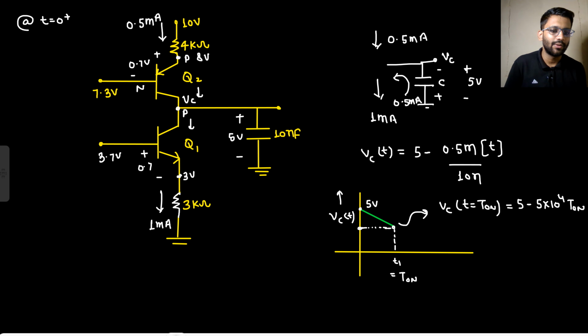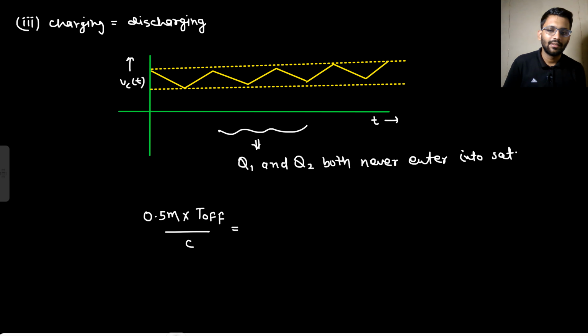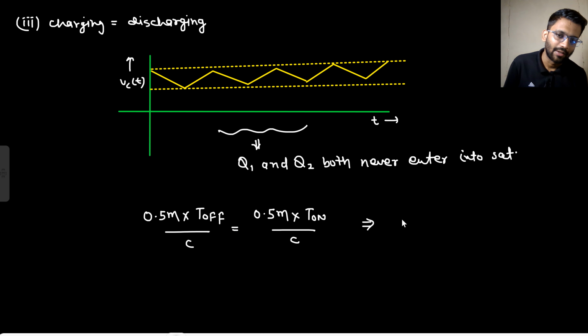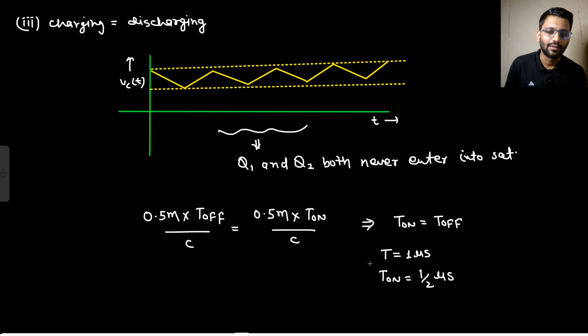So 0.5 milli into t on divided by C. So from here, what did you get to know? Your t on is equal to t off. So if t on is equal to t off, then the complete T was given as 1 microsecond. So what would be your t on? T on would be 1 by 2 microsecond. So this would be the answer of this particular question.